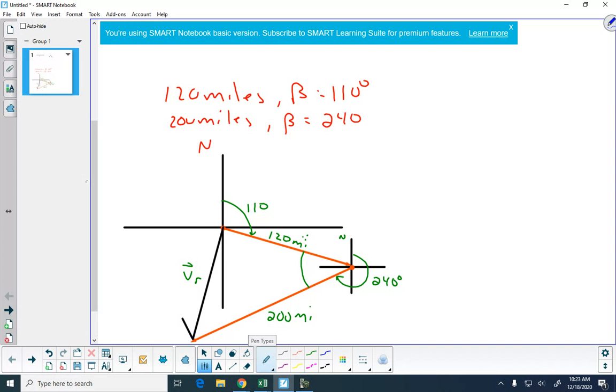If we rotate 240 degrees here, this is my rotation of 240 degrees. What is this small piece here? This rotation is 240. What's that leave for this? Braden, what does that leave for this angle here?